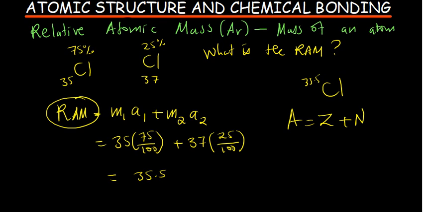The number that is given on the periodic table for each element is necessarily not a mass number, but relative atomic mass. For example, oxygen, you are going to have 8 and a 16. This 16 is not a mass number. It's not the number of neutrons plus protons. It is a relative atomic mass.